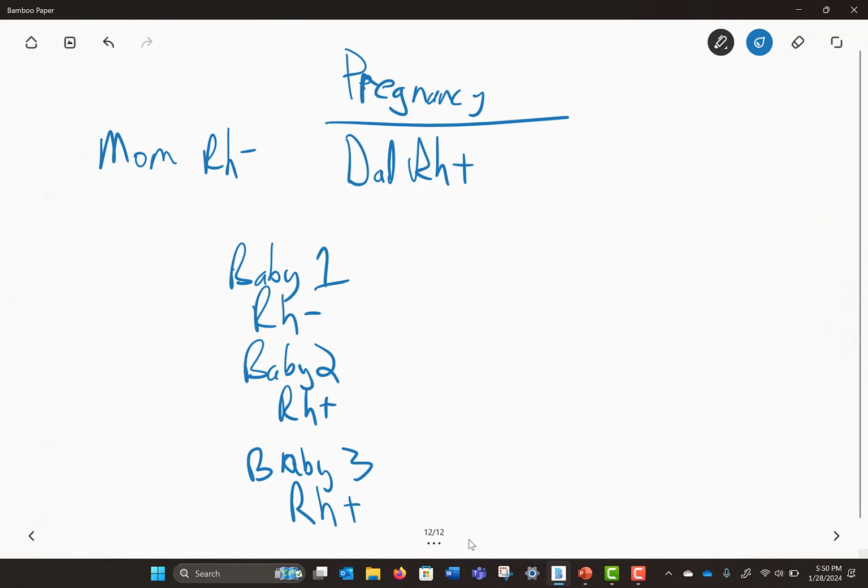Now we have a problem, because at this point, mom has anti-Rh antibodies that will recognize baby 3 as foreign, and her antibodies will bind to baby 3's blood and cause agglutination and hemolysis.